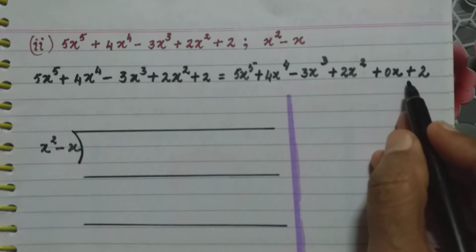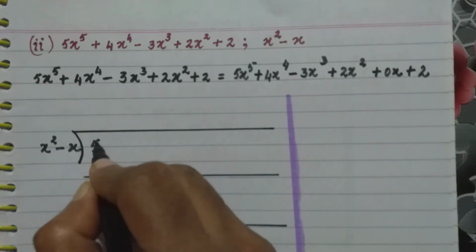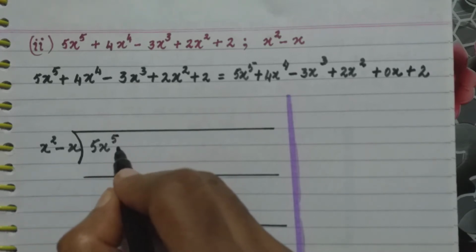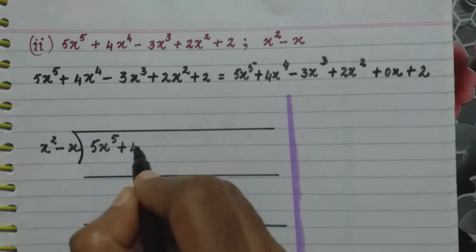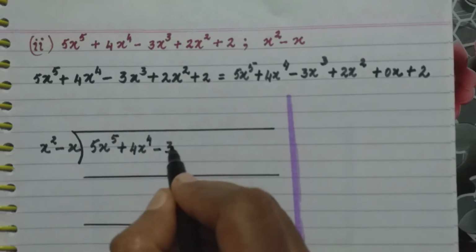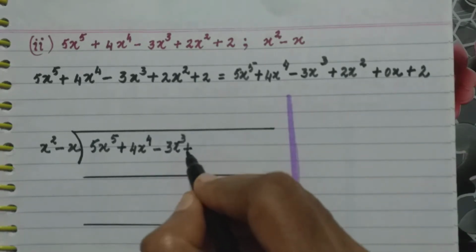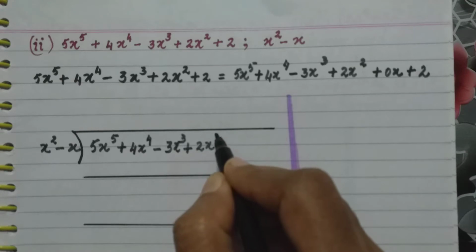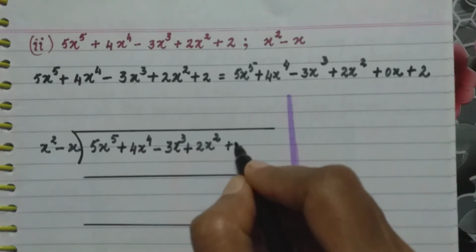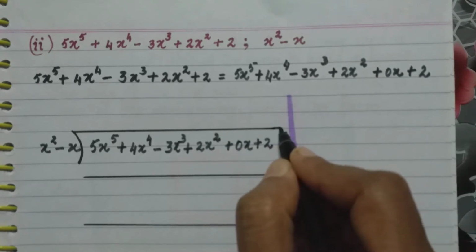The dividend is now rewritten, so we write it here: 5x raised to 5 plus 4x raised to 4 minus 3x cube plus 2x square plus 0x plus 2.